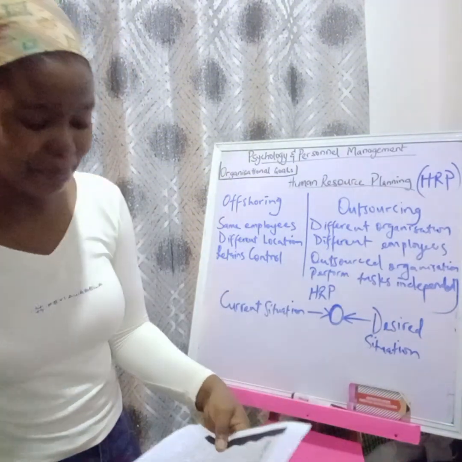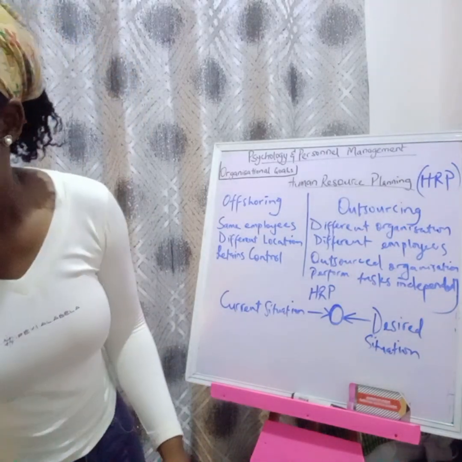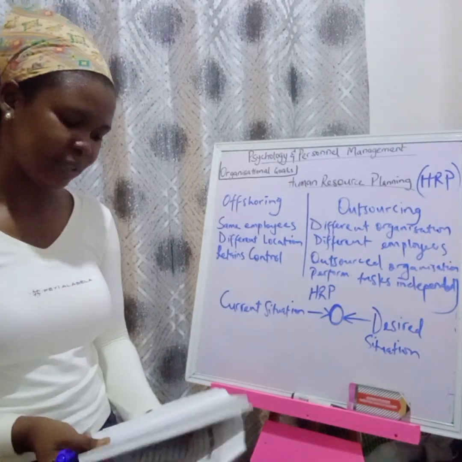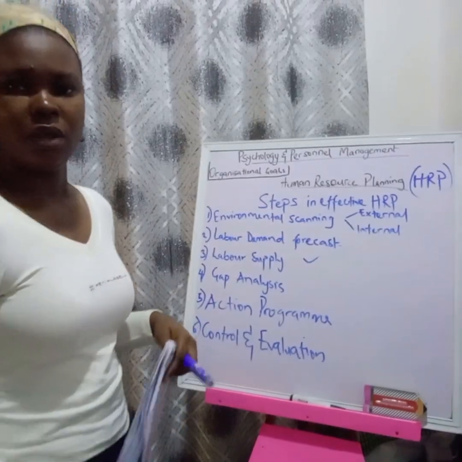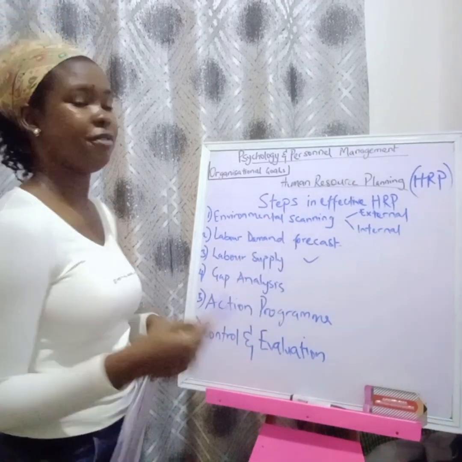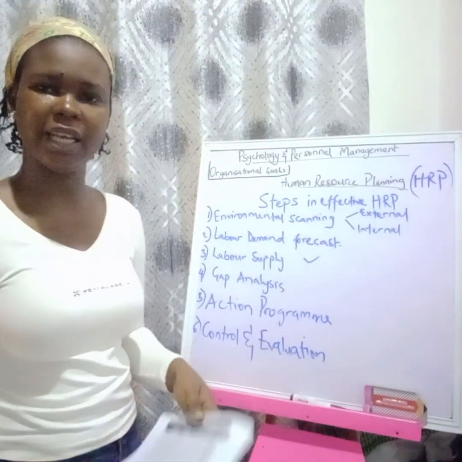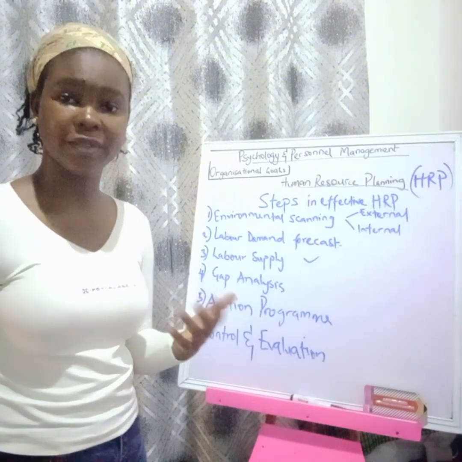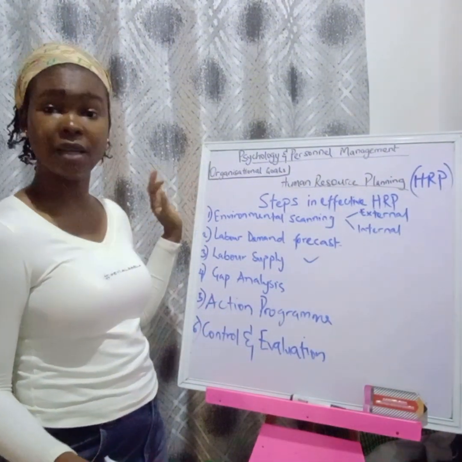Now, the elements of HR planning, right? There are 4 main elements. So we're going to be looking at the steps in effective HRP. I mean, everything that involves planning should have steps, basically. And the first thing we're going to be looking at is environmental scanning.